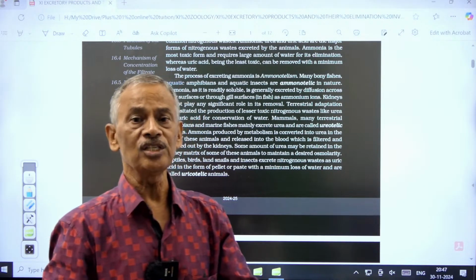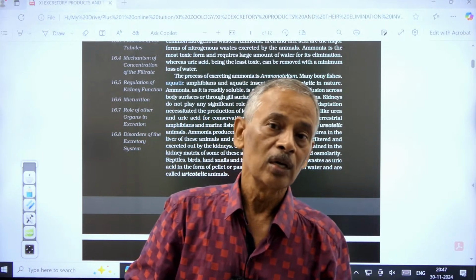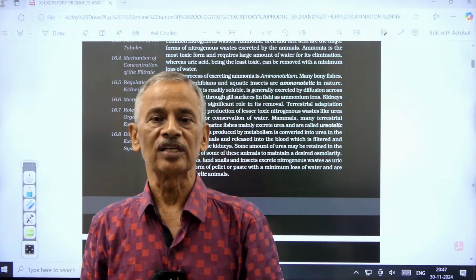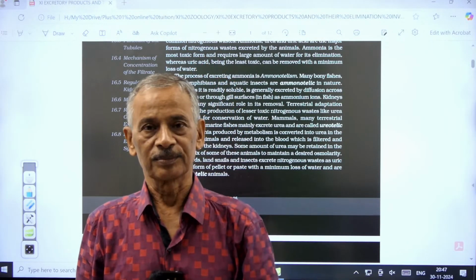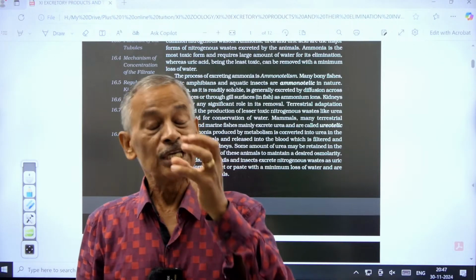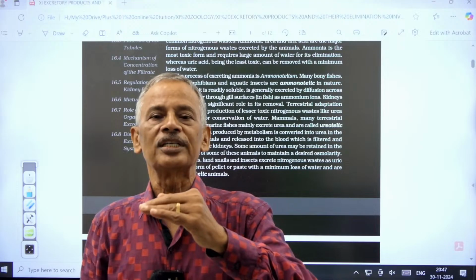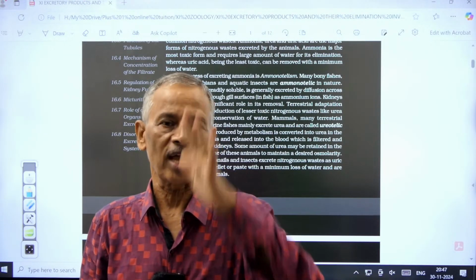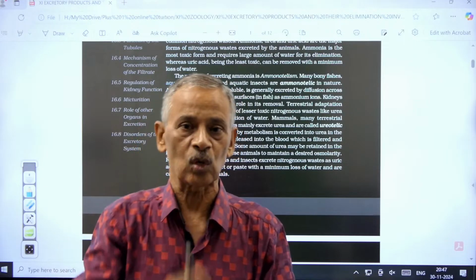What is the advantage of sending waste material in the form of urea? Two advantages. One is that urea is less toxic than ammonia. So it need not be sent out as soon as it is formed. It can be retained in the body for some time. It need not be sent immediately because it is less toxic.